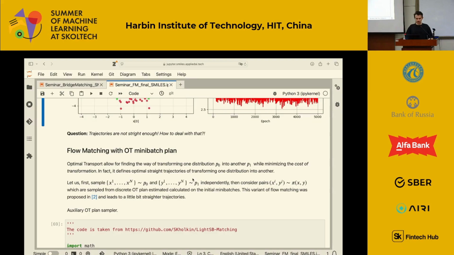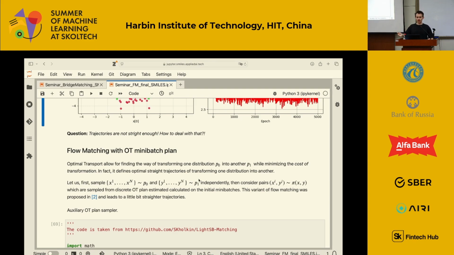This is great, but it is hard to get the optimal transport plan. What we usually do is get an approximation of this optimal transport plan. We sample some endpoints from P0, some endpoints from P1, and we cast an optimal transport problem not between general measures P0 and P1, but between the samples. For optimal transport between samples, the distribution is just a mixture of delta functions. In that sense, the optimal transport plan is really easily solvable.